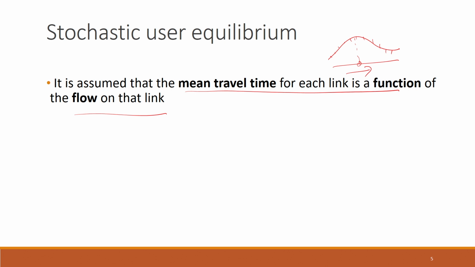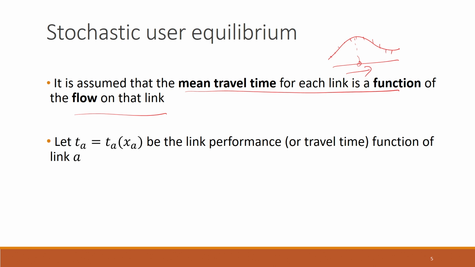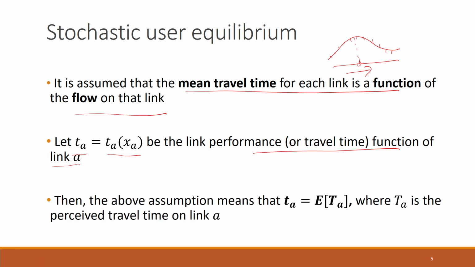Okay, so let this T_a(x_a) be the link performance function of a link a. This kind of notation we have seen before, and in short we will be representing this by T_a. So this above assumption then means that the expected perceived travel time on link a is a function of this T_a, which is a function of the flow.